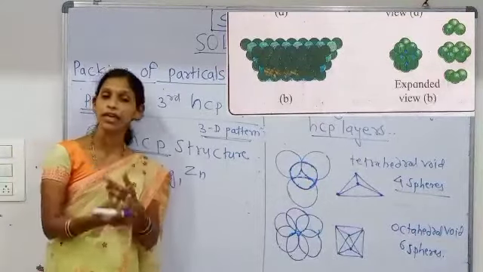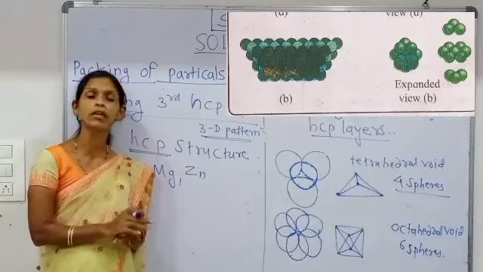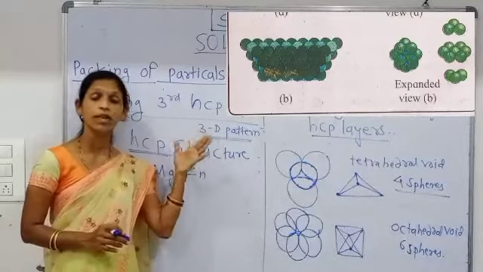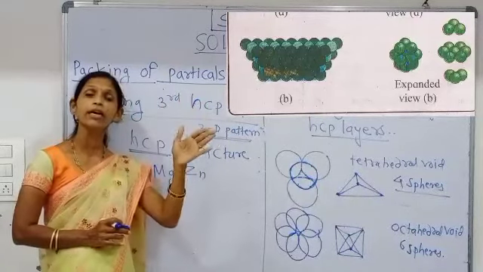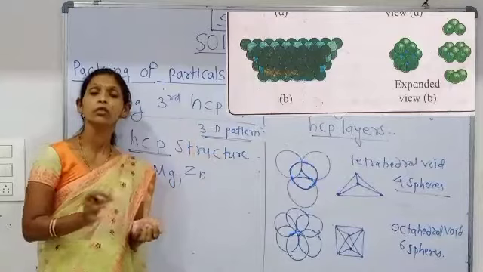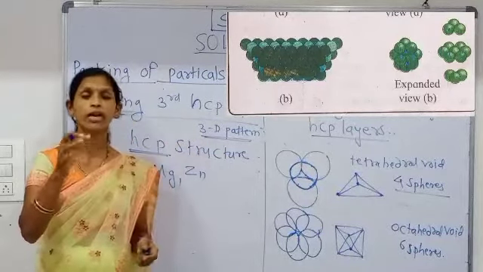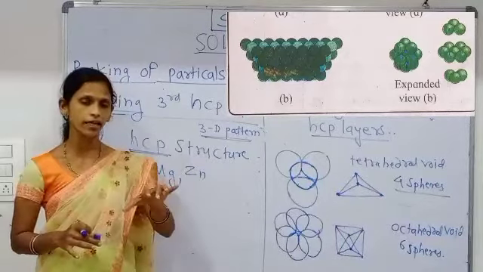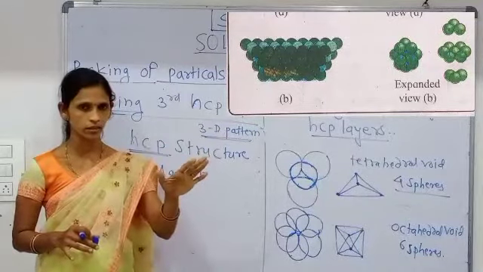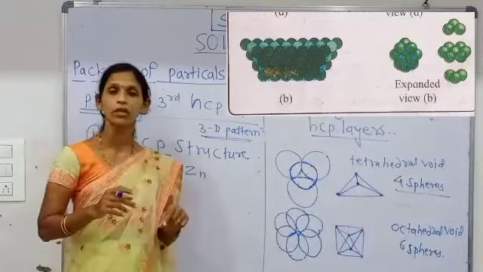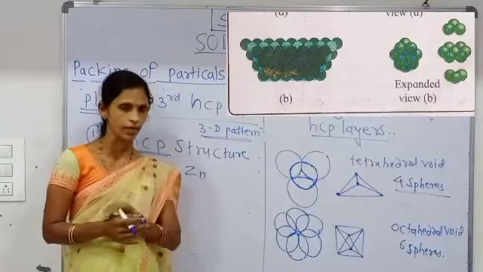Then the second way of arranging the spheres in the third layer: see here, the first layer is A type, then the spheres in the second layer are arranged such that they cover half of the triangular voids, and the remaining half of the triangular voids are covered partially by the spheres in the second layer.